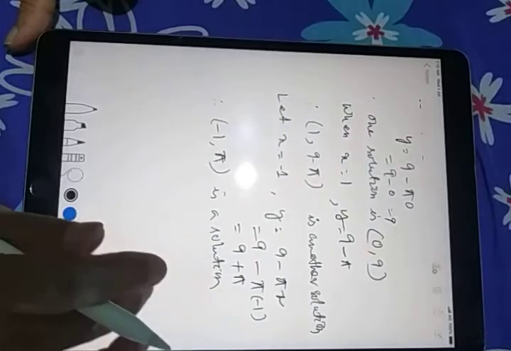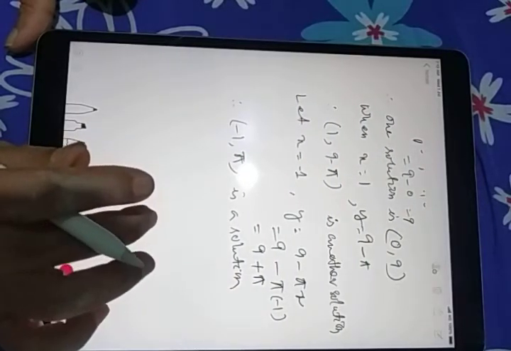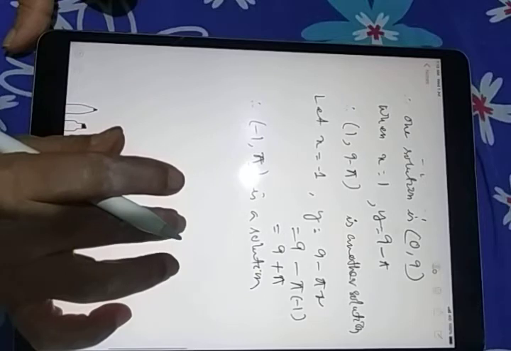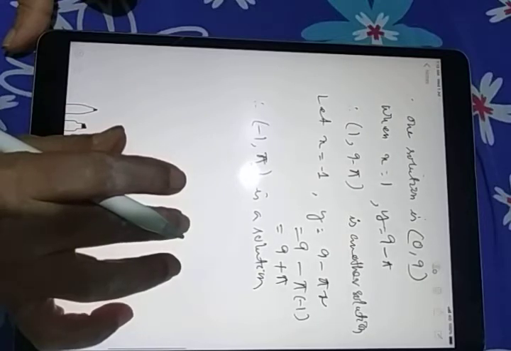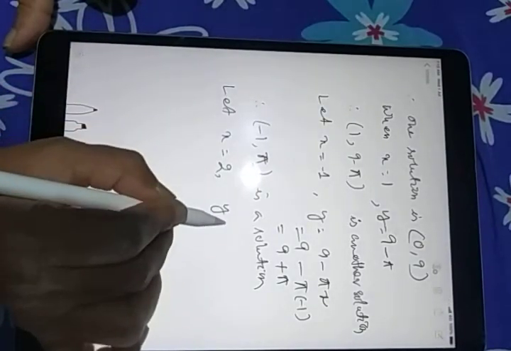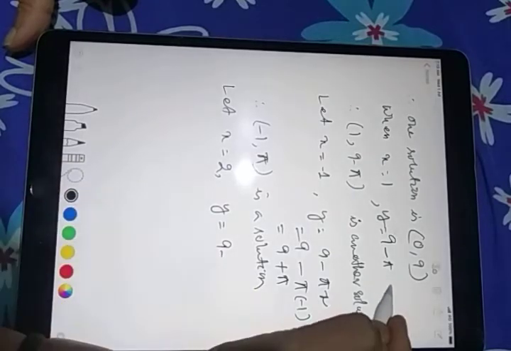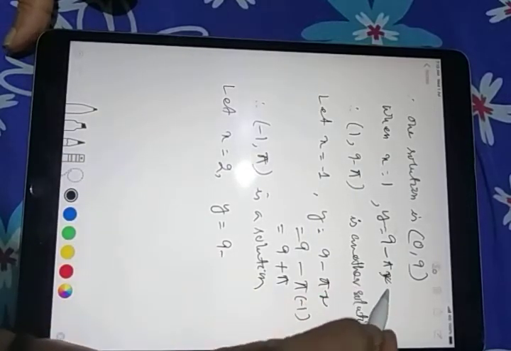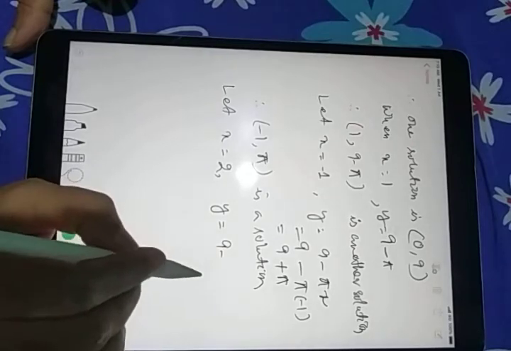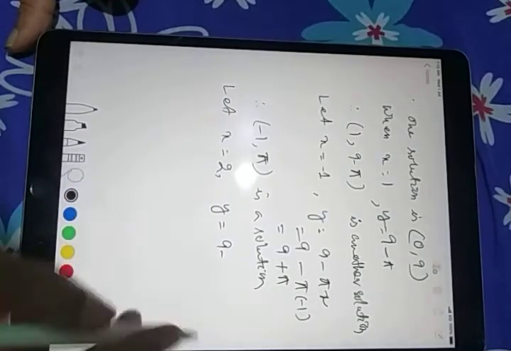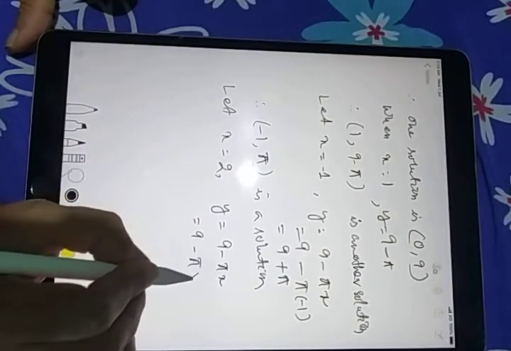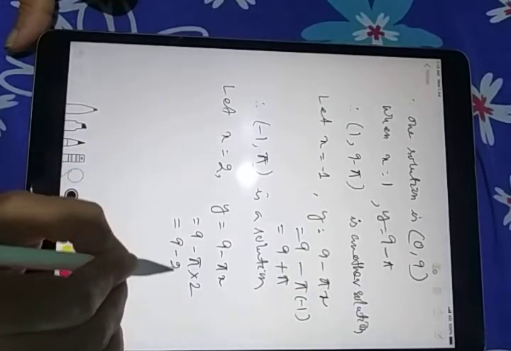Then fourth solution, let x equal to 2. y will be equal to 9 minus pi x, equal to 9 minus pi into 2, equal to 9 minus 2 pi.